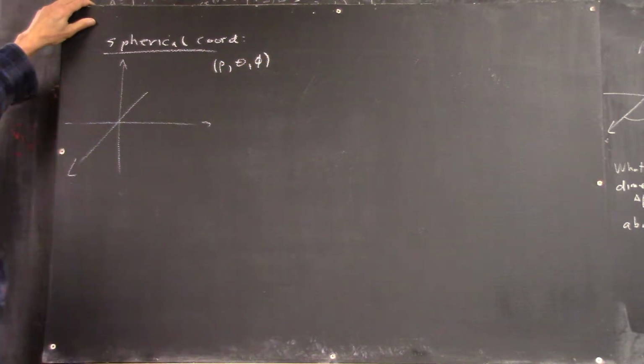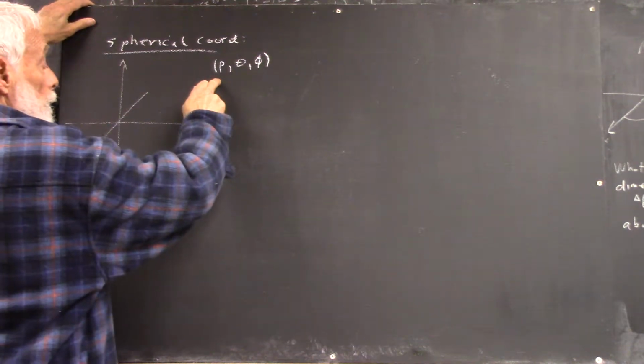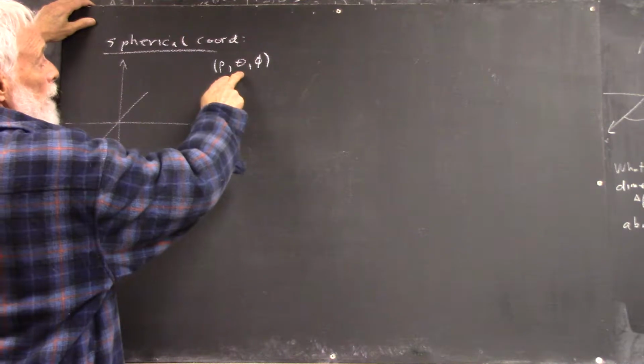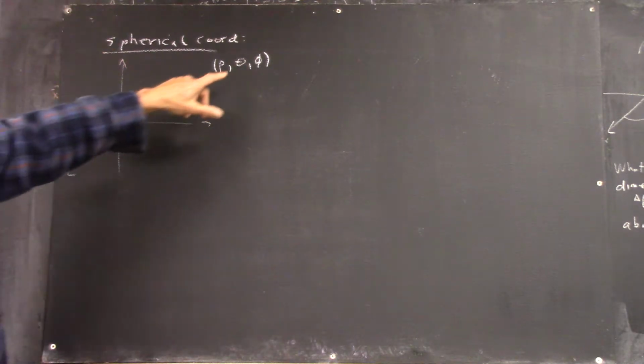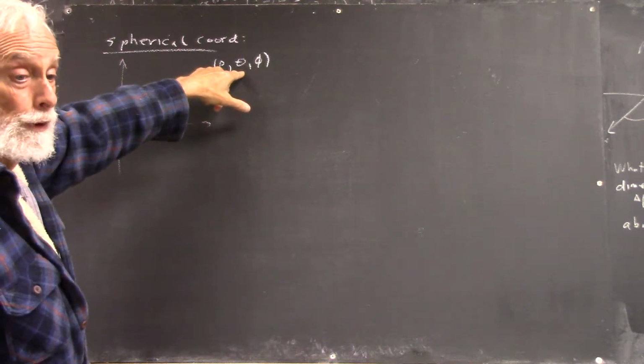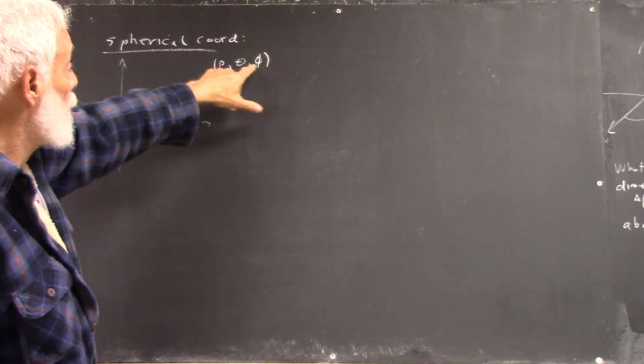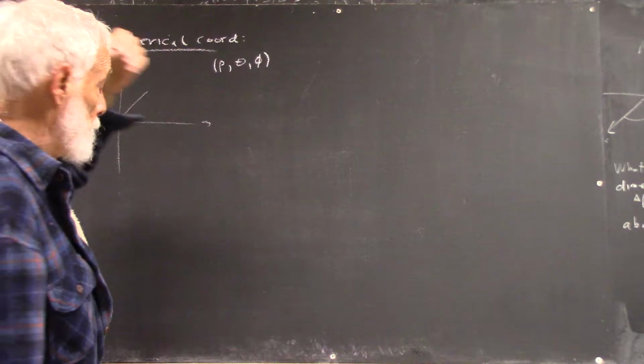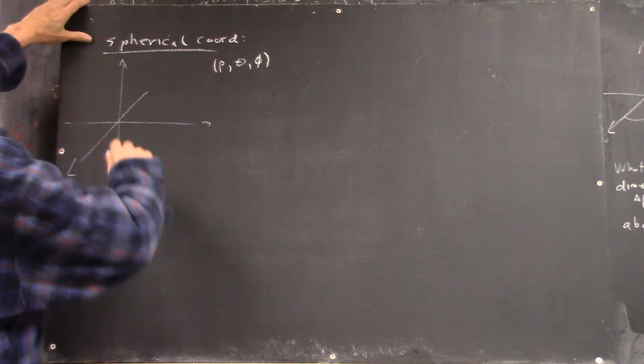Almost wrote Z. Okay? Rho being the distance of the point from the origin, theta essentially being the same as it would be for cylindrical coordinates, but you don't have an R to go with the theta, and phi being, well, I'll illustrate it.